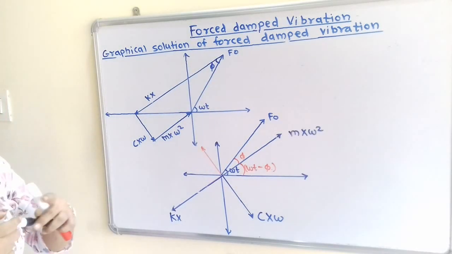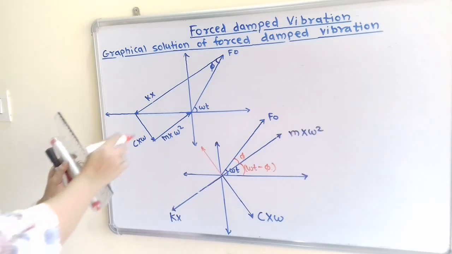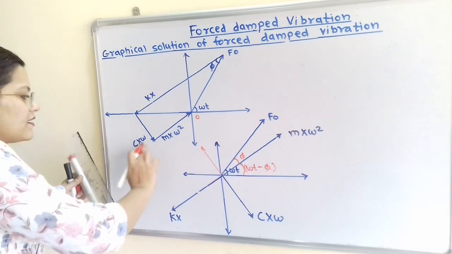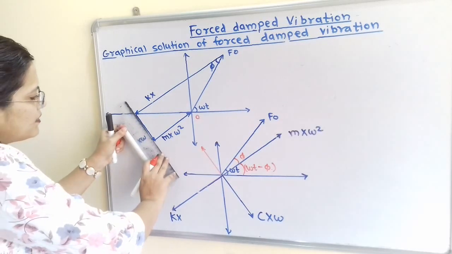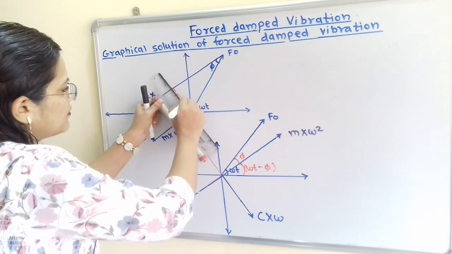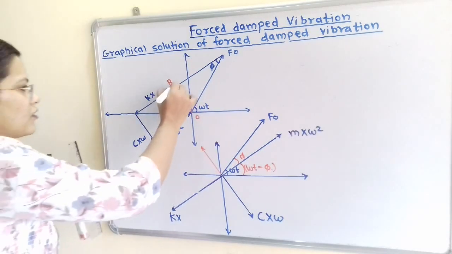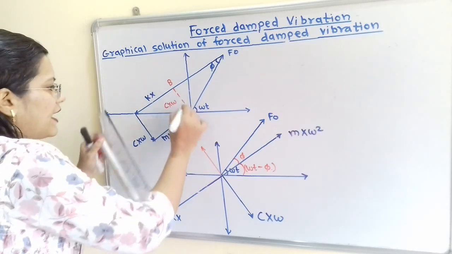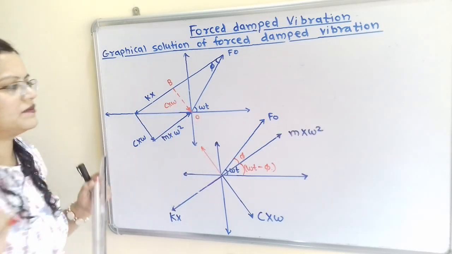Now I will make here one construction. I will draw one line perpendicular but passing through the origin, or we can say one line parallel to this C x omega. So if I draw one line parallel to this C x omega, then here is the point of intersection B. Then the value for this line is also equal to C x omega, and direction is also in the same direction, that is towards the origin.